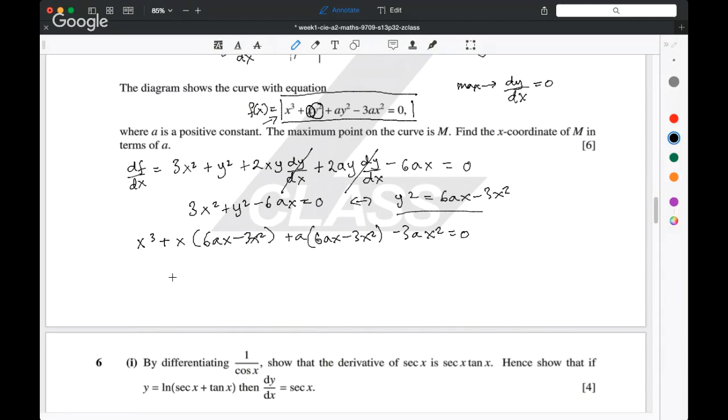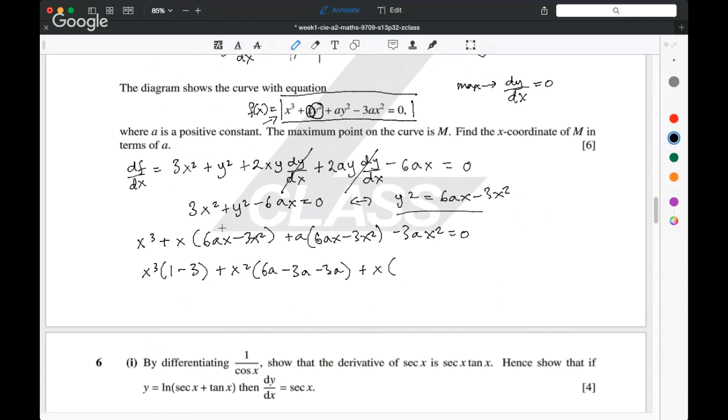I have x cubed, and then how many of them? I have one here, and another one there, minus 3. And my x squared terms: I've got one here, 6ax squared, and another one there, minus 3a, and another one there, minus 3a again. Plus, what x terms do I have?